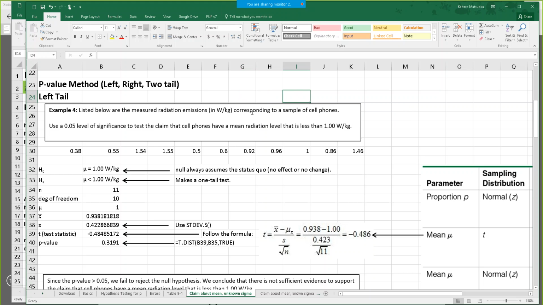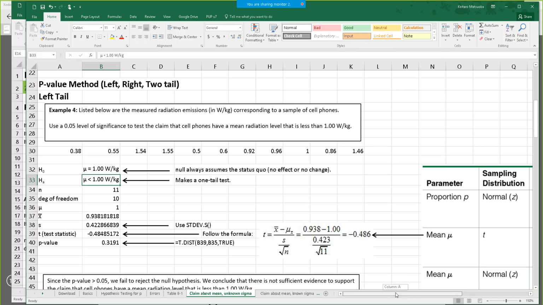So make sure you understand: if I'm looking at this problem, it's a mean problem, left tail, hypothesis testing. Again, let's state the hypotheses. Null: mu is equal to 1.00 watts per kilogram. The alternative is less than 1.00 watts per kilogram, because that's what it says.